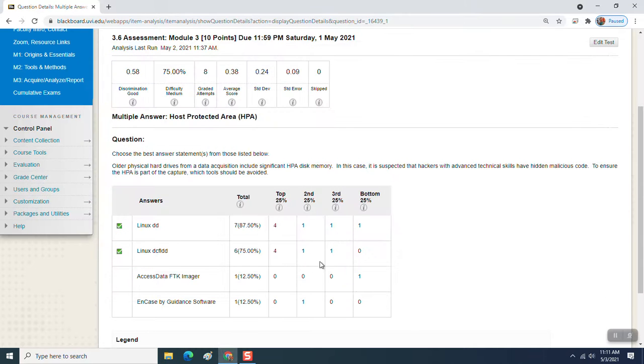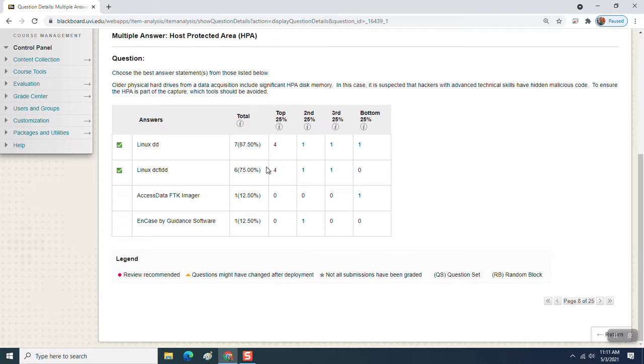So in this case, it is suspected that hackers with advanced technical skills have hidden malicious code to ensure the HPA is part of the capture. Which tools should be avoided? Actually, Linux DD, I'm going to take another look at this.